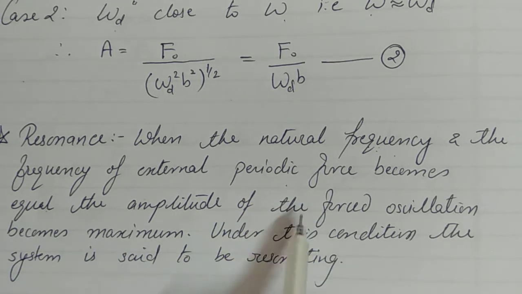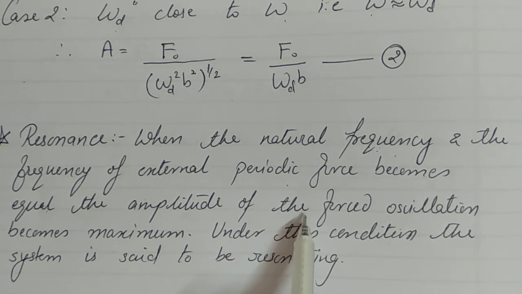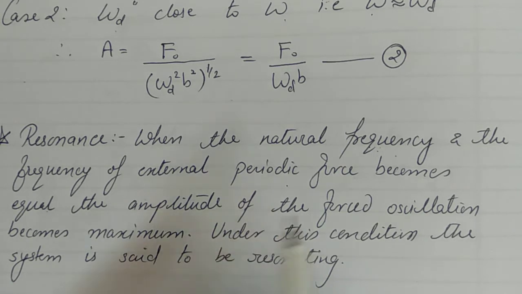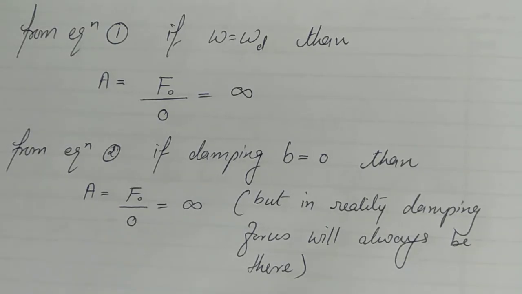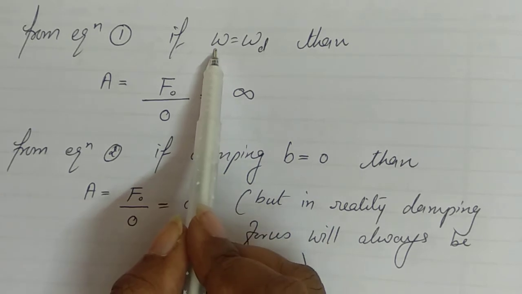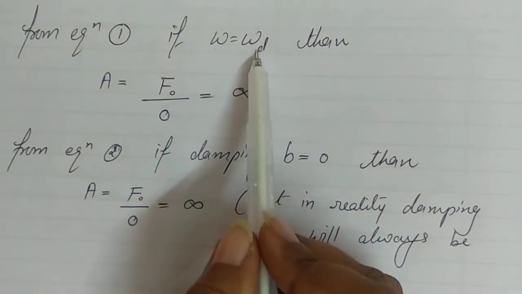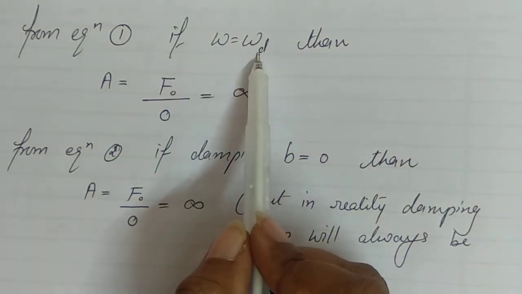Then the amplitude of the oscillation will become maximum, and when this condition takes place, we can say that our system is resonating. So in short, you have to remember that when the natural frequency is equal to the frequency of the external periodic force, then resonance takes place because the amplitude becomes maximum.